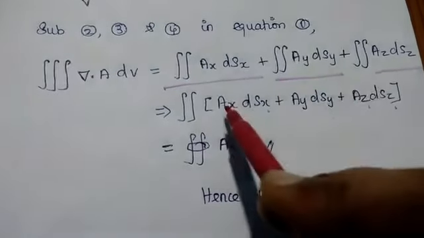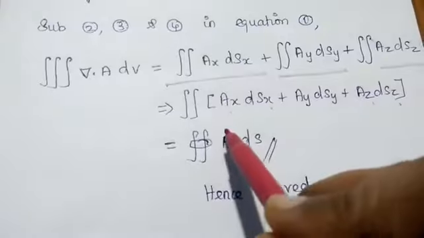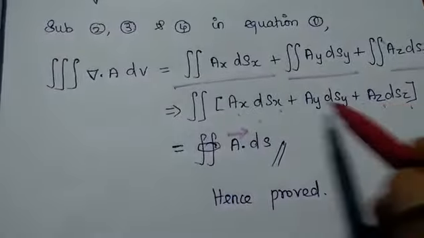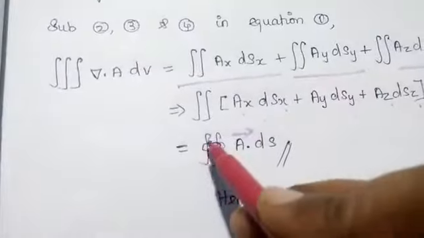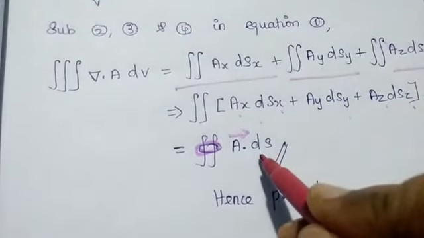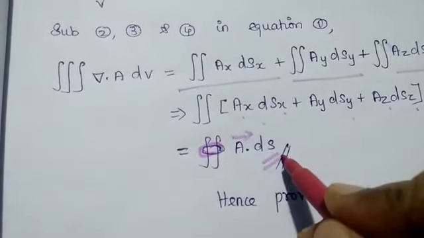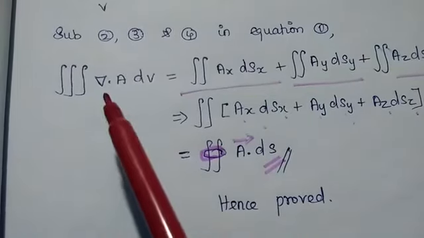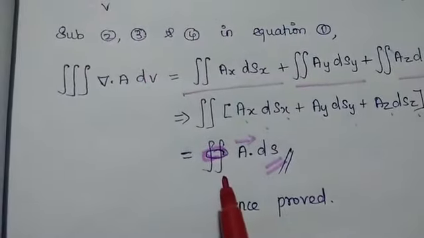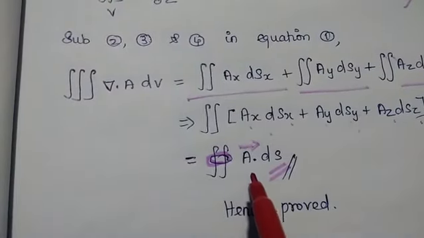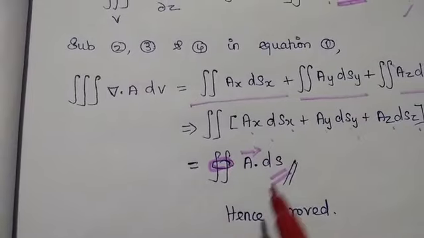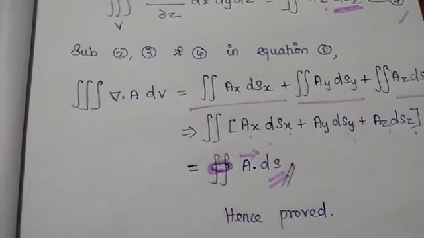We know that Ax, Ay, Az come under the A vector. These three surface areas are grouped together to make the closed surface for that region, so we can simply mention it as ds. So the volume integral of the divergence of that vector field is equal to the surface integral of the normal component of the A vector. That is proved in this way.